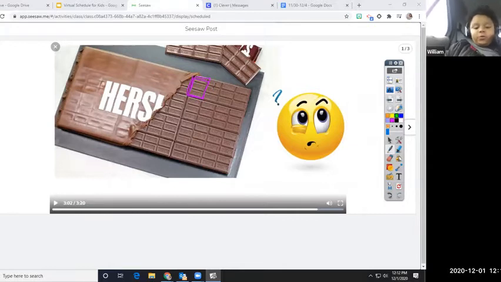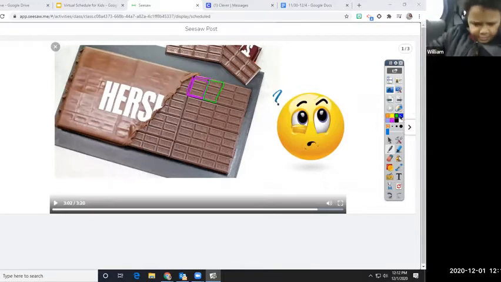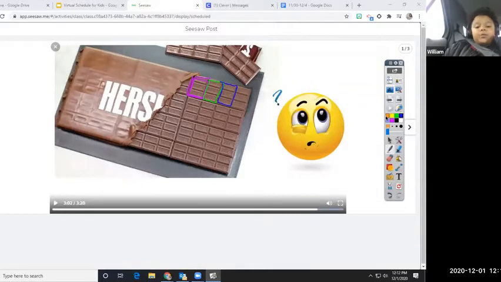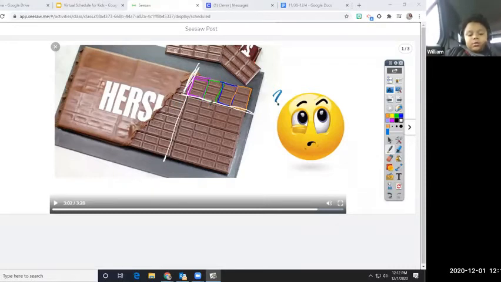So there's 3 columns, 4 columns and 3 going across, and all going across there's 4. So there's 3 groups going like this, so you can count them in those groups.